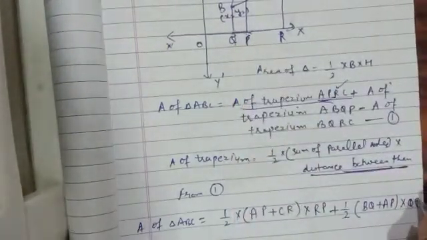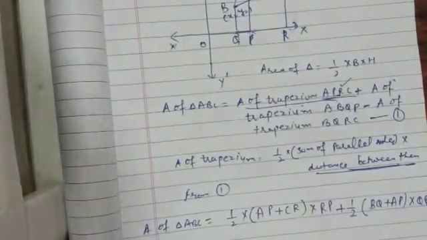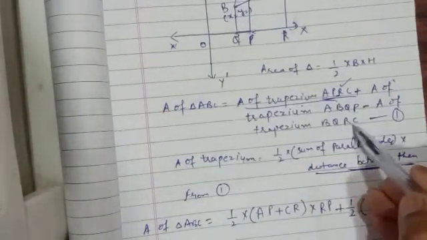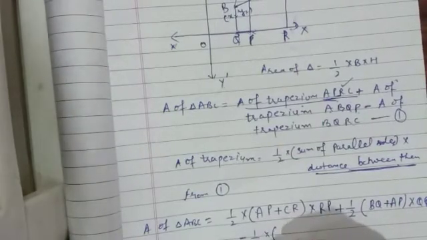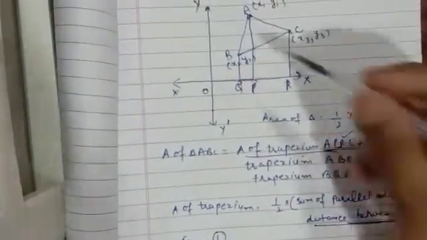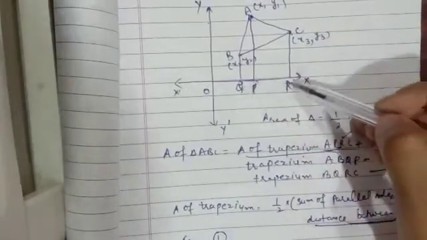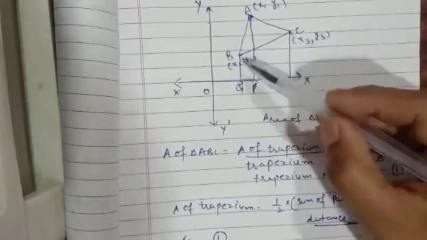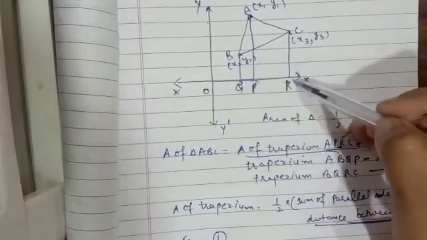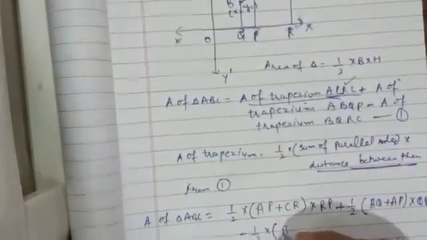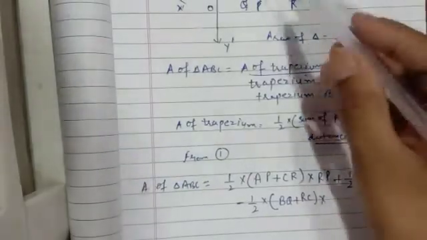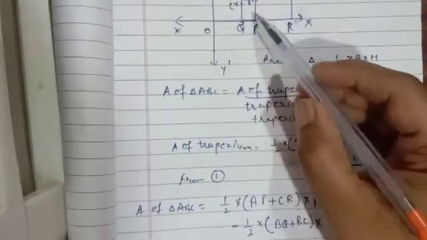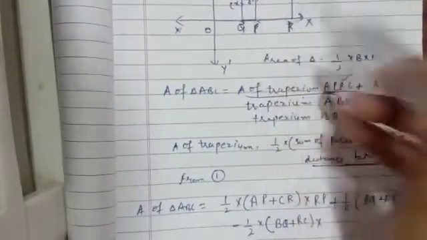Now let us write the area of the third trapezium, that is BQRC. That is again half into sum of parallel sides. From the diagram, what are the parallel sides of BQRC? They are BQ and RC. So let us write here BQ plus RC multiplied by the distance between them, that you can see from the diagram, that is QR.